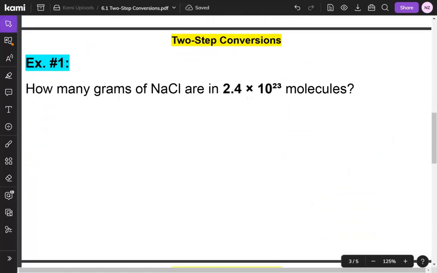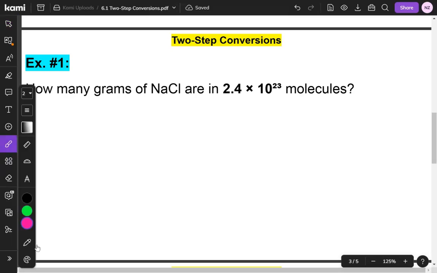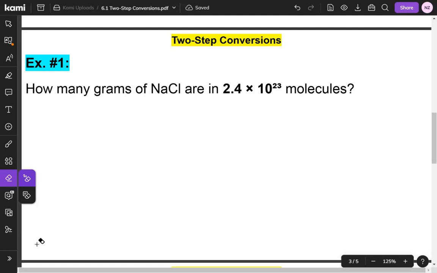So let's look at this example. It says how many grams of sodium chloride are in 2.4 times 10 to the 23rd molecules. Again, we don't have a direct way to go from molecules to grams. That doesn't exist. But we do have a way to go from molecules to moles, and then from moles to grams. So we're going to need two steps here. We always start by writing out our given number.